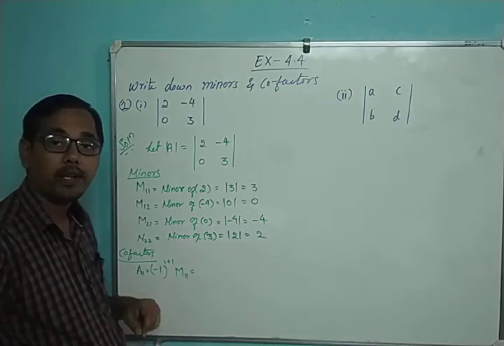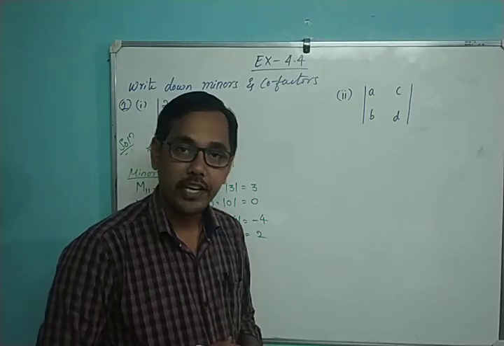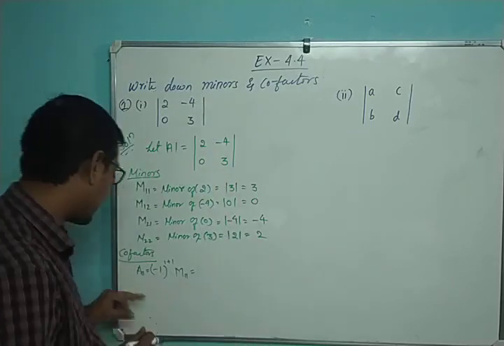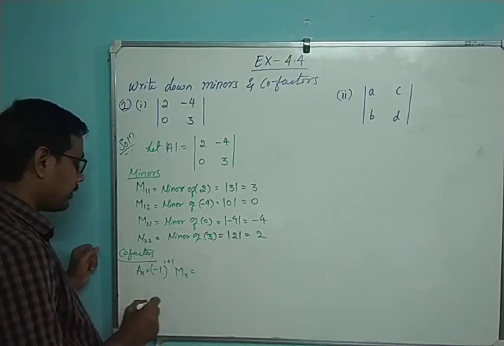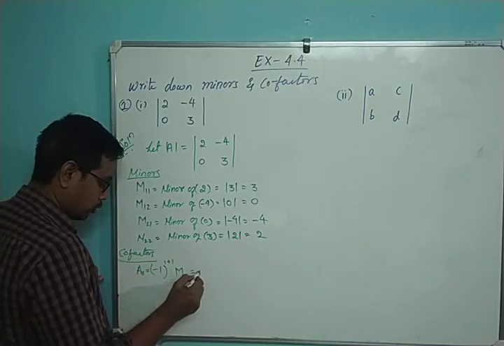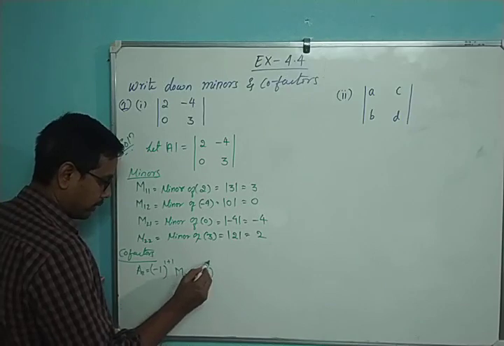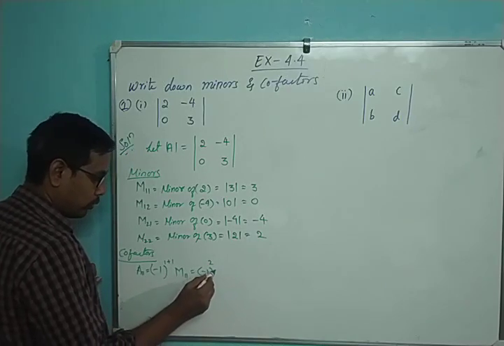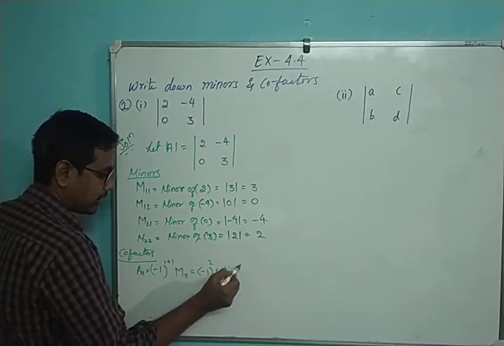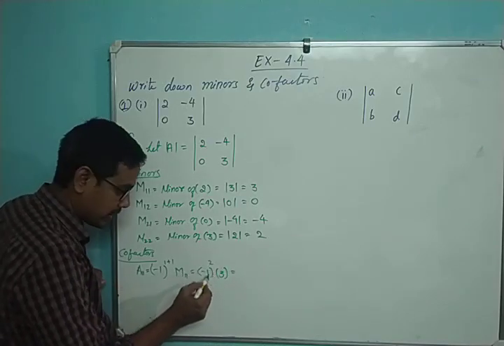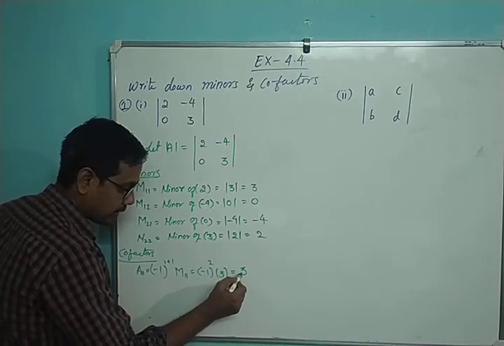The formula is minus 1 to the power i plus j into Mij. So minus 1 to the power 2 into M11, which is 3. Minus 1 to the power 2 is plus 1, into 3 is 3.